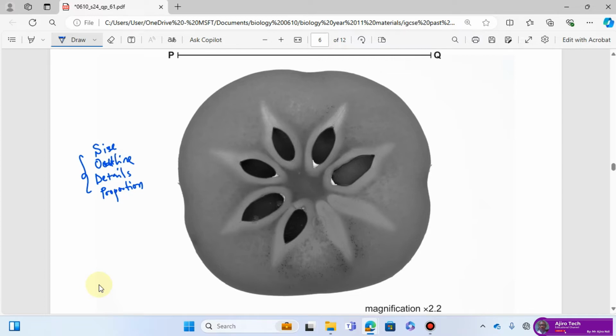The size of your drawing, of course, must be bigger. The outline must be clear, a single line, no broken line. Your drawing's outline must have a single continuous line.